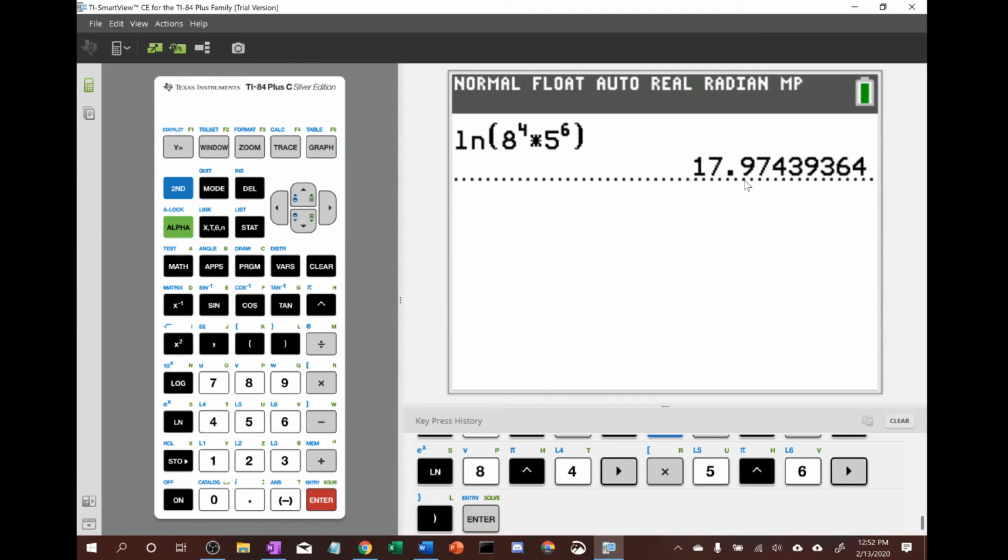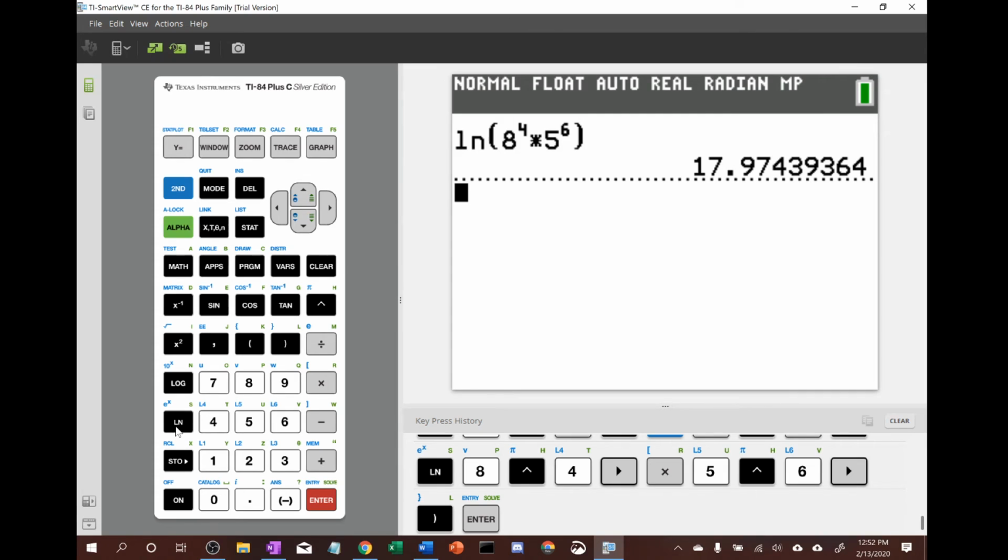Does everybody have this? 17.97. Now here's what the product rule states. And I'm just going to show the product rule right here in the calculator space because it'll make more sense to you that way.